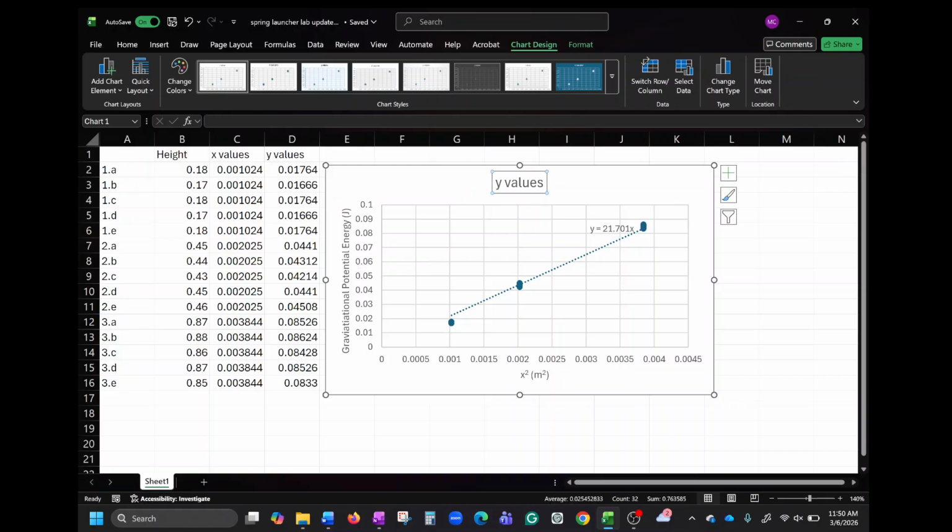And then our overall title would be we would have potential energy versus x squared for, we can do whatever we want here, a spring launcher. This is fine.